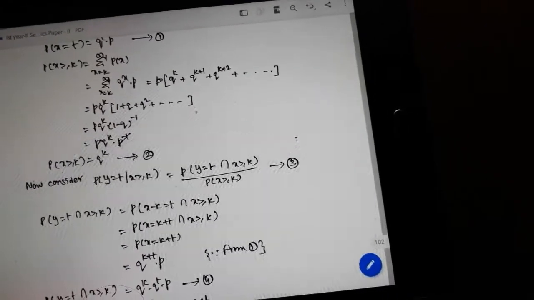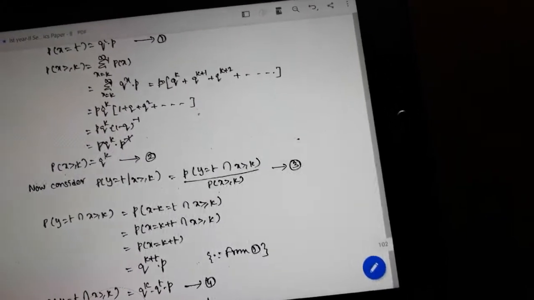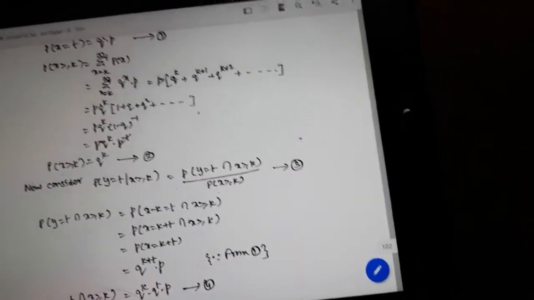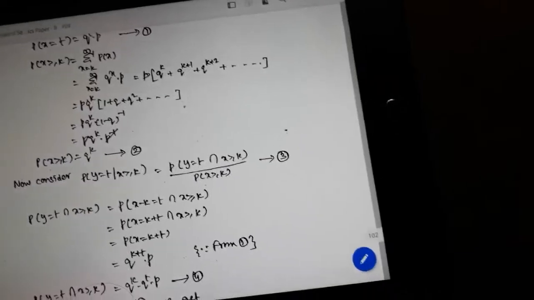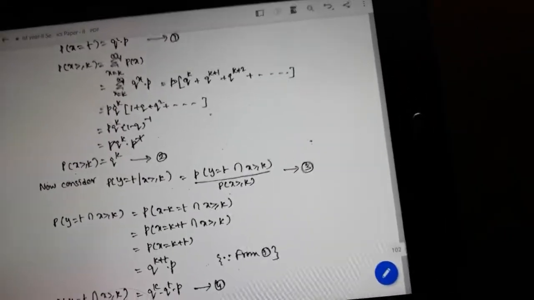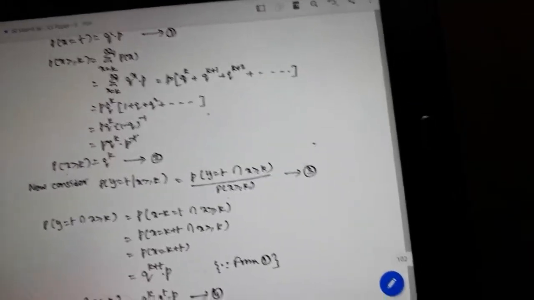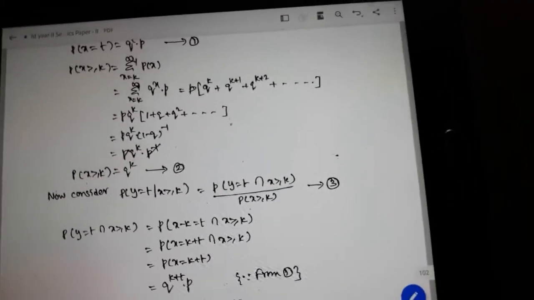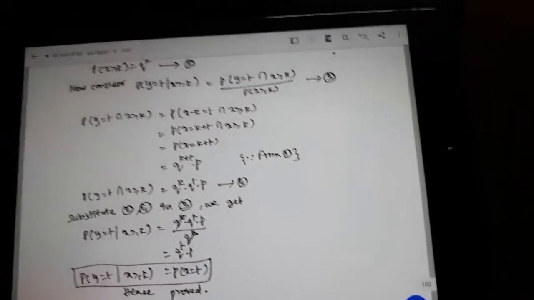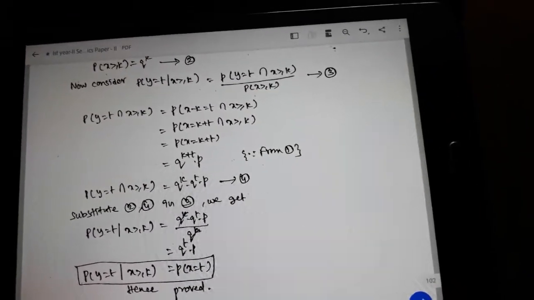The common term here is X equal to k plus t. That's why P(X equal to k plus t) is considered there. Instead of x, consider k plus t. q power k plus t into p is the probability of that. Simplify this, then go through. After simplification, the LHS is q power t into p.